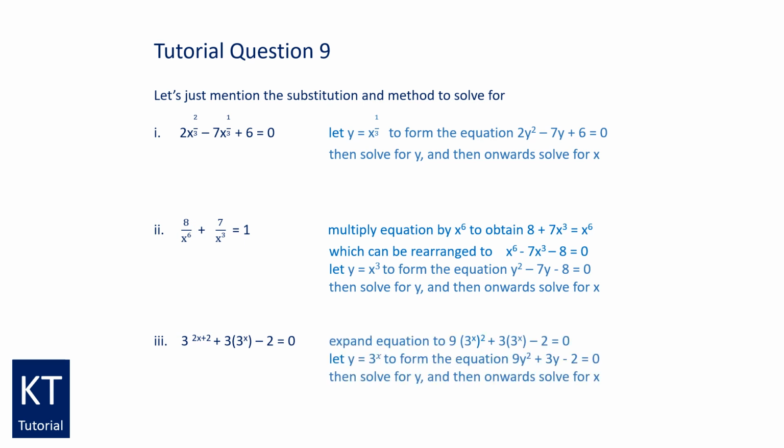As for the third equation, all we need to do is to expand the first parameter of the equation and then allow y being equal to 3 to the power of x to get to the quadratic equation involving y. From here, you could solve for y and then onwards solve for x.